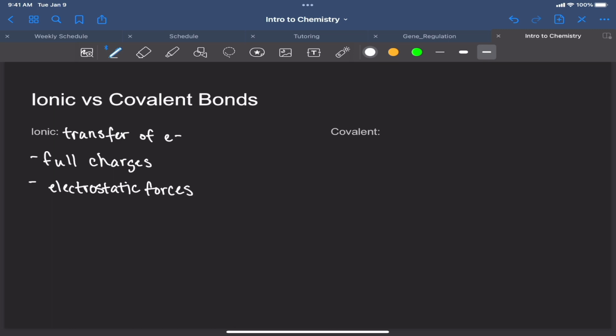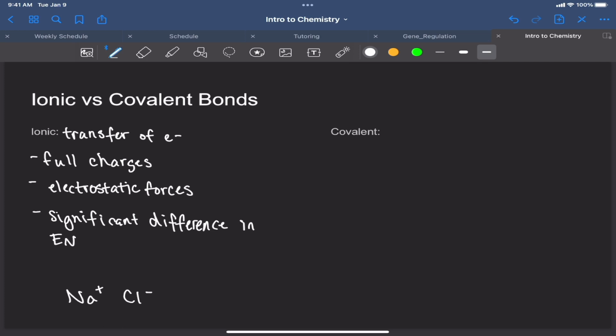Positive and negative. There is a significant difference in electronegativity, right? And I can give you an example. Sodium chloride.